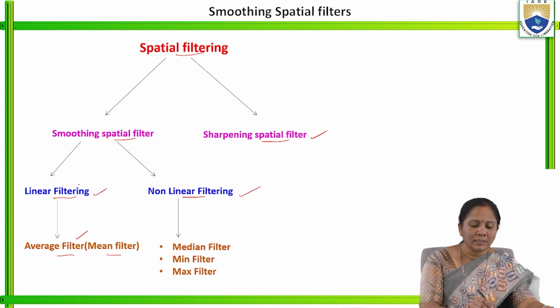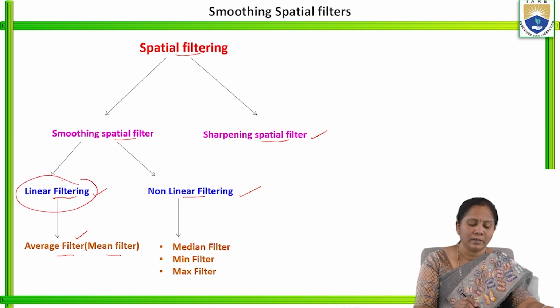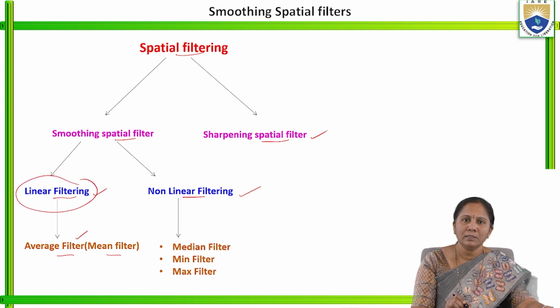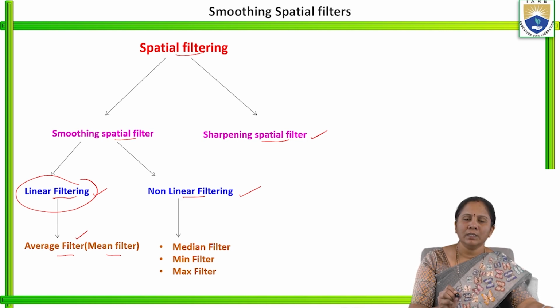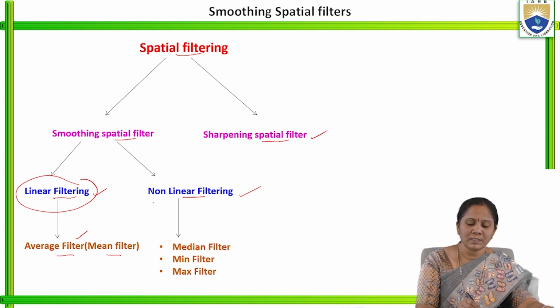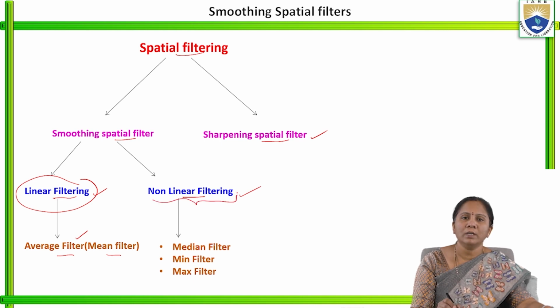This linear filtering and the average filter we have already discussed in the previous session. In this session, we are going to discuss non-linear filtering, where the center pixel is replaced based on the ranking of pixels.